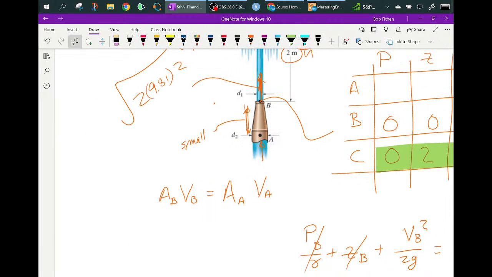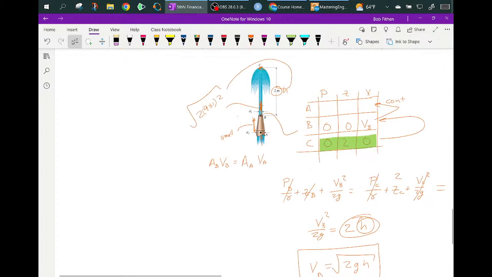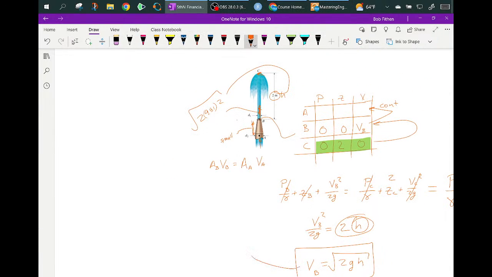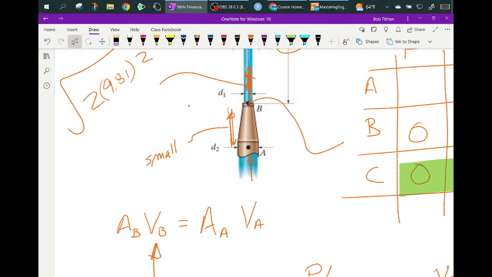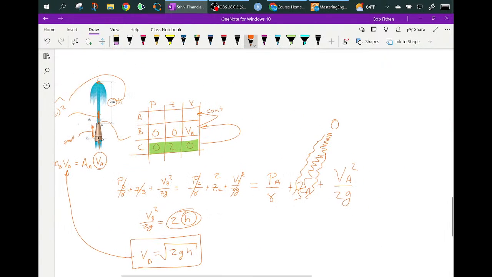So if we had velocity of B, which basically came from right here, you can realize that the area ratio would give you this velocity A. And so what are you going to get for velocity A? You're going to get a little smaller than velocity of B.